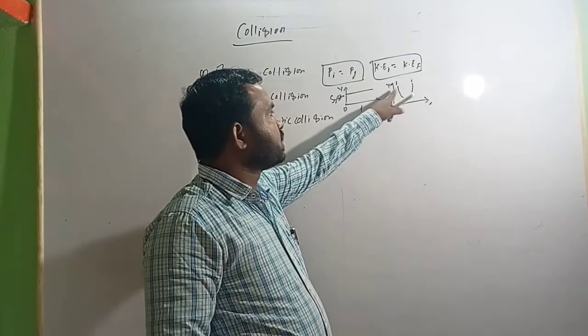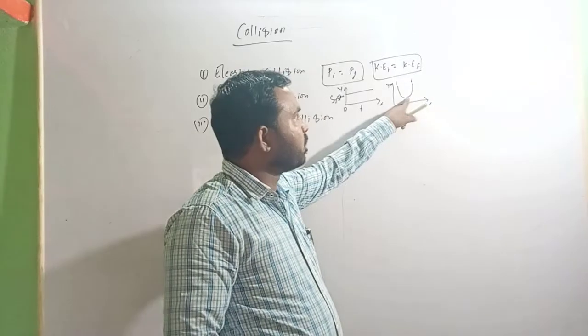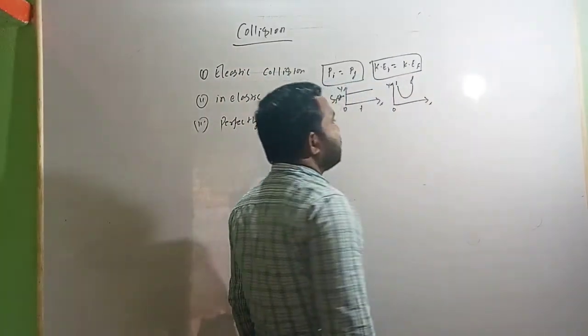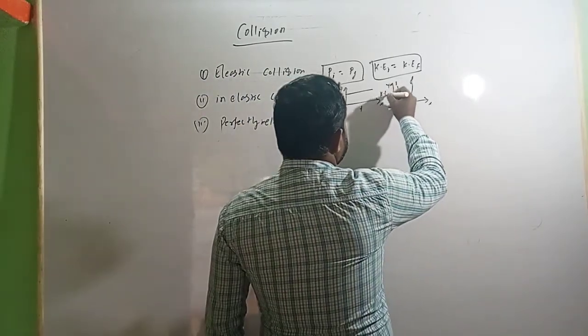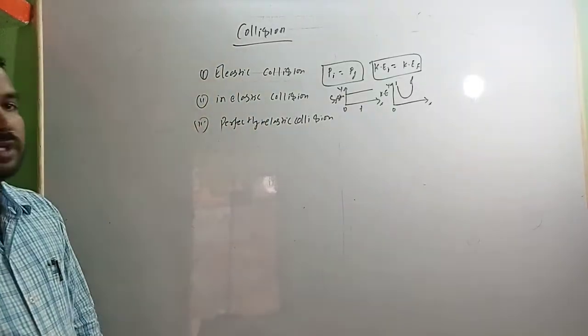Sometimes the kinetic energy will be maximum and it will increase, decrease, but again it will decrease. So you can plot the graph of initial and final kinetic energy like that.